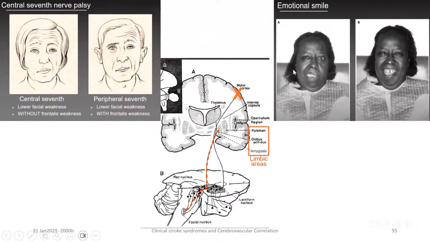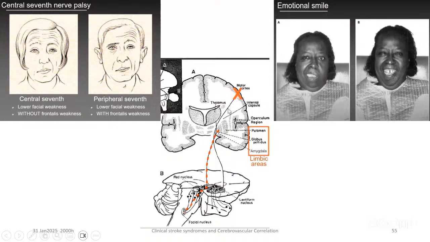If you have a facial weakness because of this cortical lesion, there are two types of fibers that are coming. One set of fibers are coming from limbic areas of amygdala, globus pallidus and putamen, these are basal ganglia. They are coming down to the facial nucleus. The other is from motor areas.